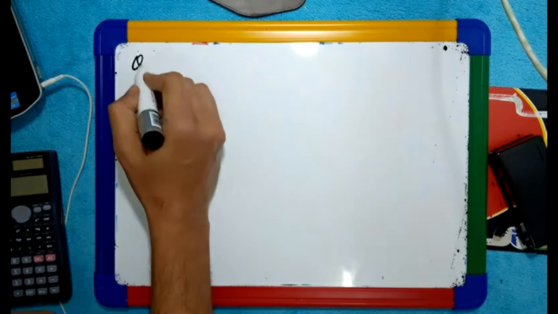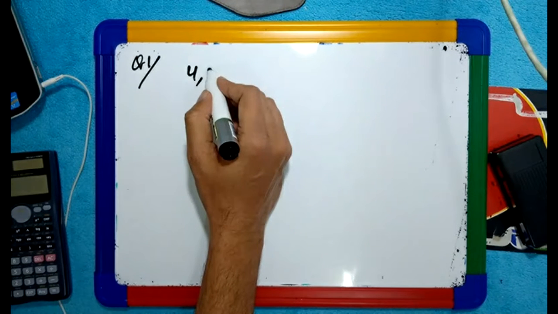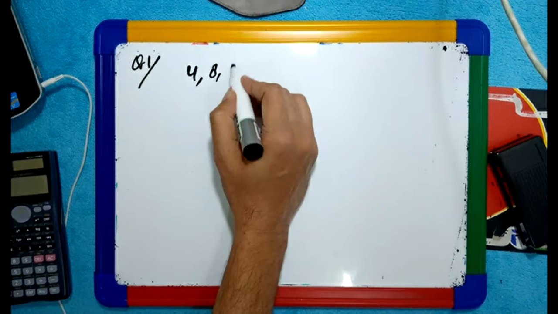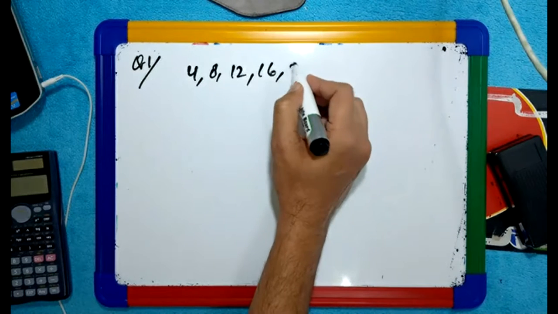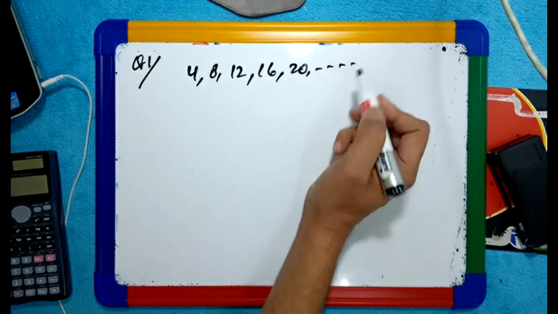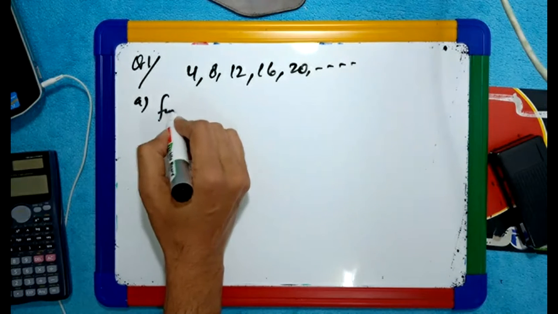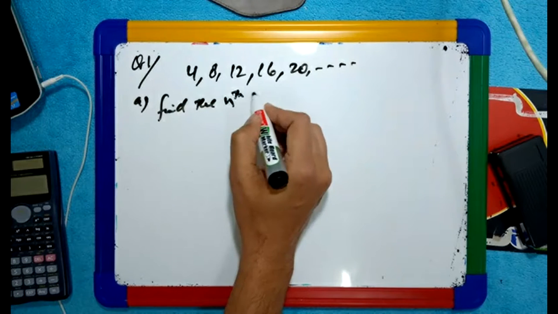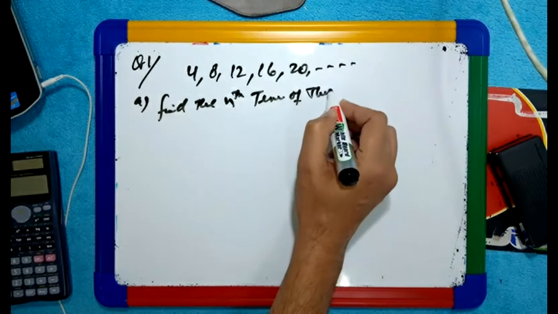So the question is, if I say 4 and then 8 and then 12, 16 and then 20, and this sequence goes on. A part, find the nth term of this AP.